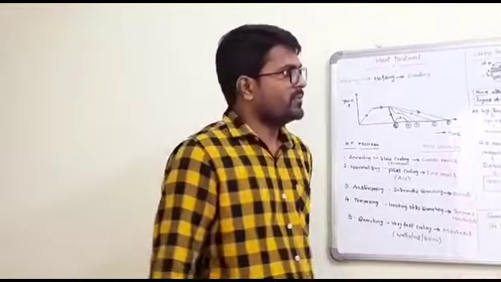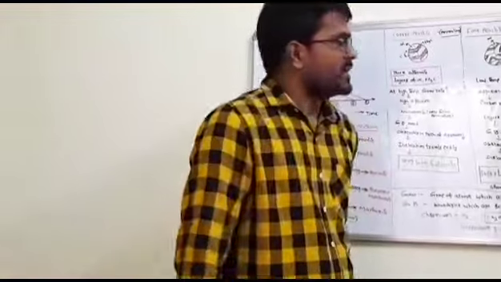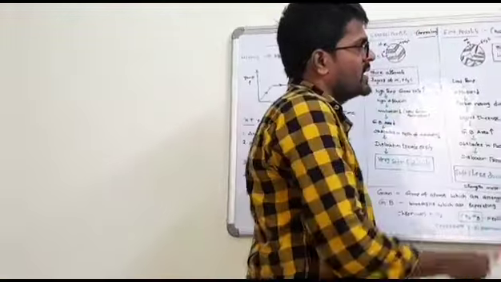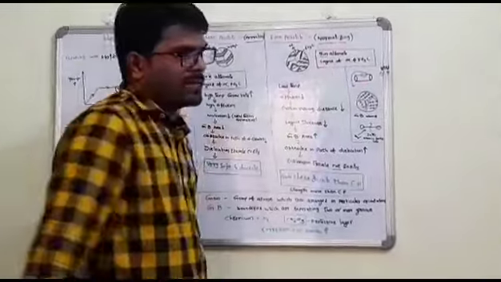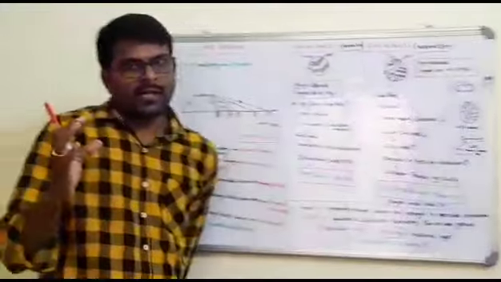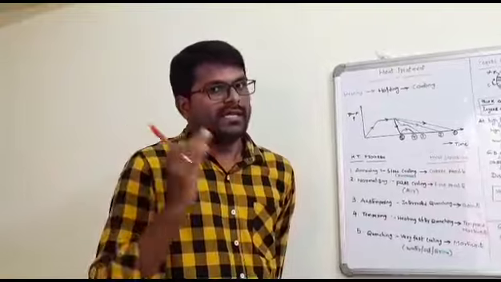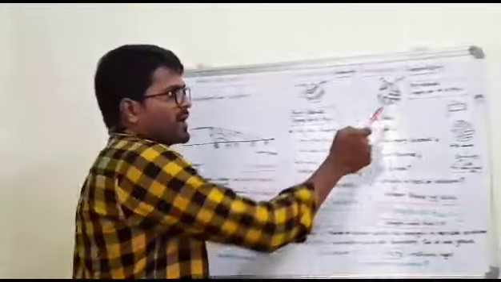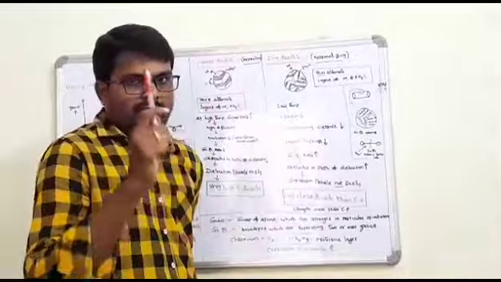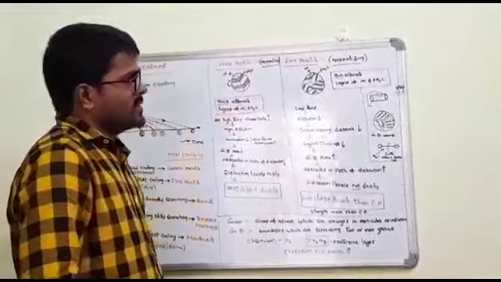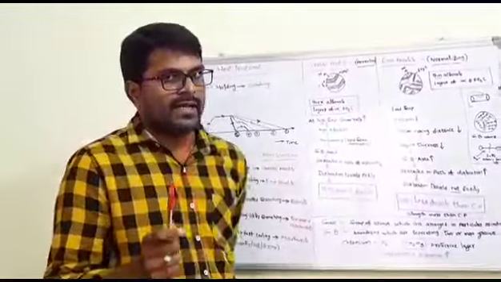For example, let me take a shaft. By seeing the external thing, we cannot decide whether this product is useful for our manufacturing. So we have to check internally.